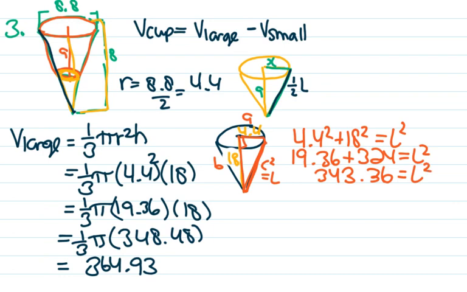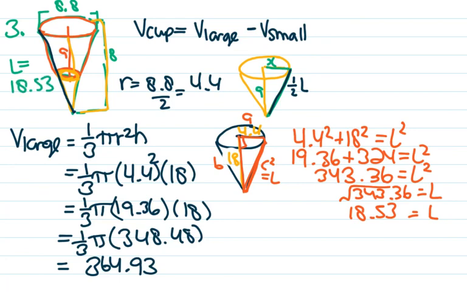Take the square root of both sides, and L equals 18.53. Okay, so now I have L, or the slant length. I'll write it over here. L equals 18.53. Now, going back to the small cone over here, half of L then would be 18.53 divided by 2, which is 9.265.